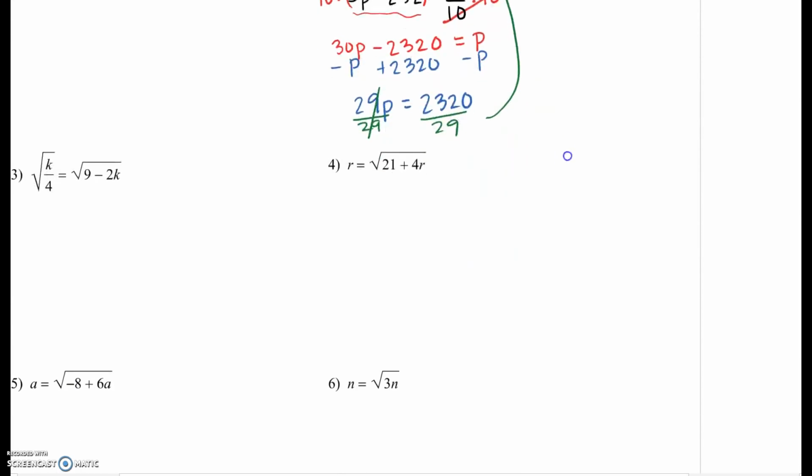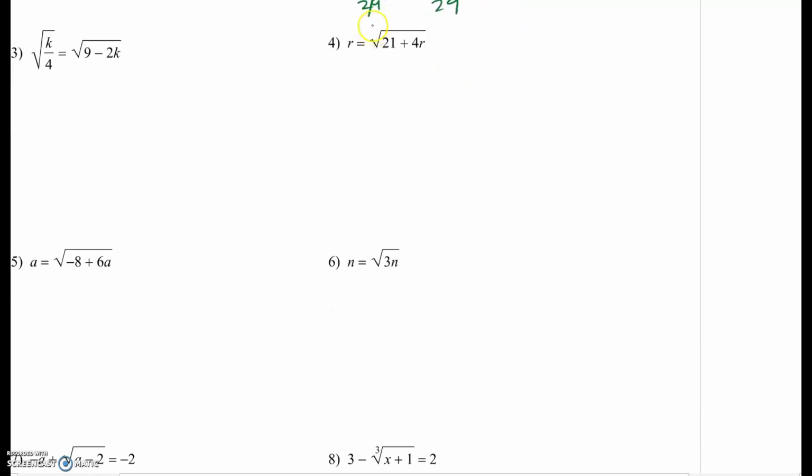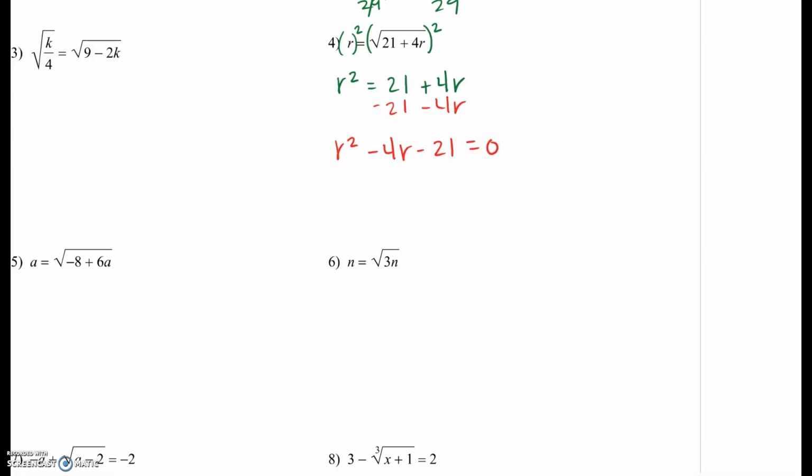The next one we're going to do, I'll set number 4 up for you. We see that we have the square root, so we're going to square both sides. And so we have r squared equals 21 plus 4r. I'll actually finish this one for you guys. We're going to subtract 21 and subtract 4r, so we have r squared minus 4r minus 21 equals 0. I'm going to factor.